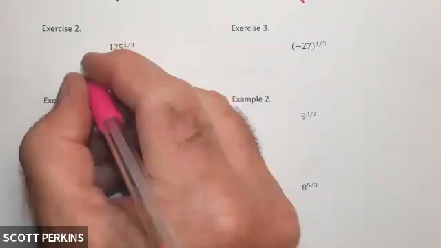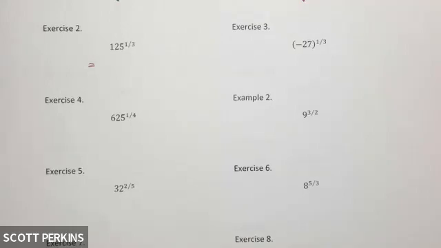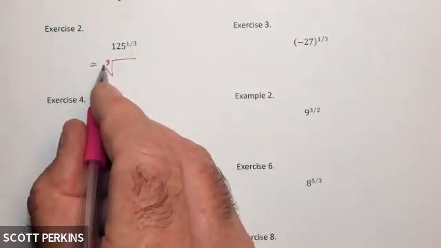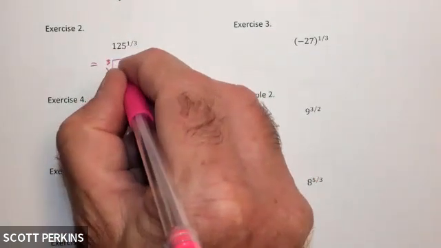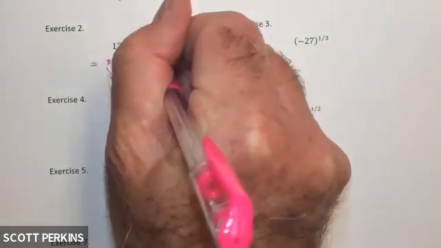Okay, so what did you write first as the radical expression that's related to 125 to the 1/3 power? It becomes what? Cube root, 3 in the basket. Yes, 3 radical 125. And then what is the cube root of 125? It is perfect. You're doing great.